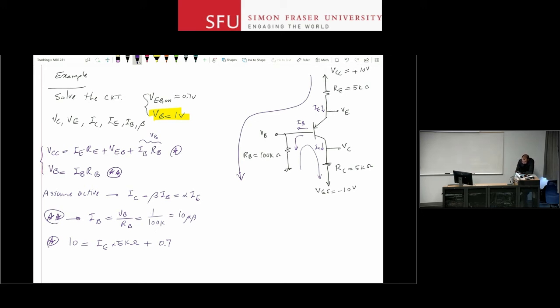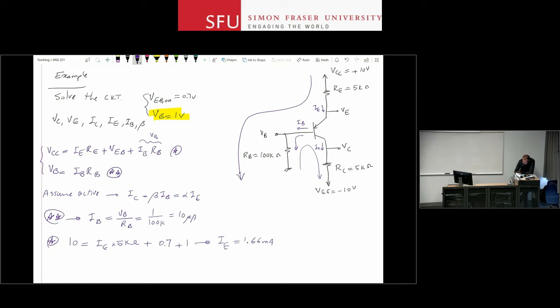It can be on, so that's a good assumption. And IBRB or VB, that was 1. And from here, the only unknown is IE. I can right away calculate IE to be 1.66 milliamps.